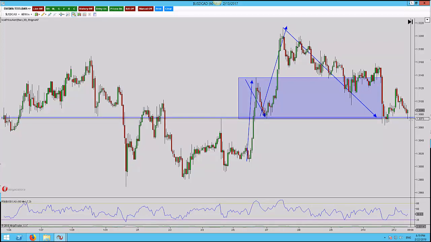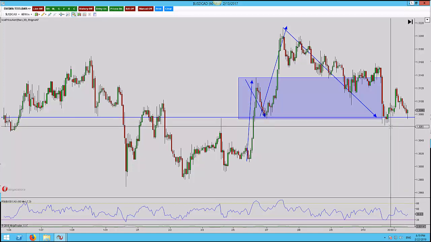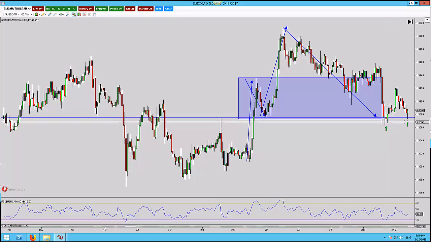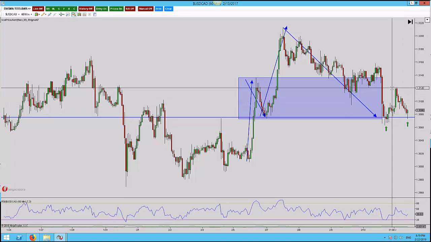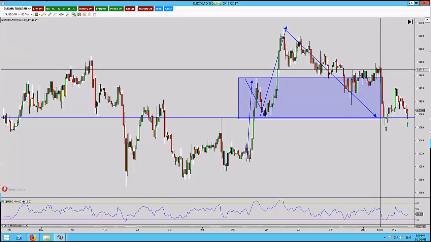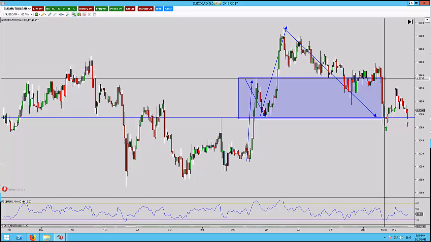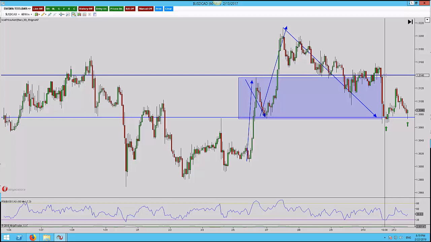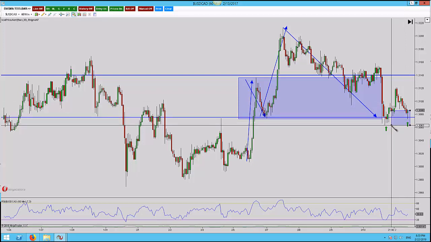Okay. We now have a double bottom that's occurred there, there. Would not be looking for a full extension here. I'd only be looking for a retest of, I'm going to put a structure level on based off the 240, this level. So stops an ATR below the low, which is 15.